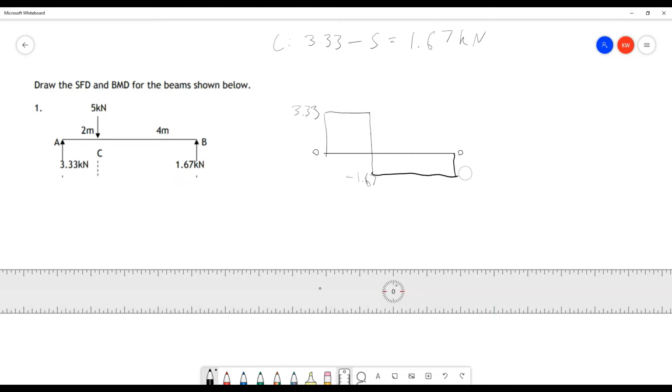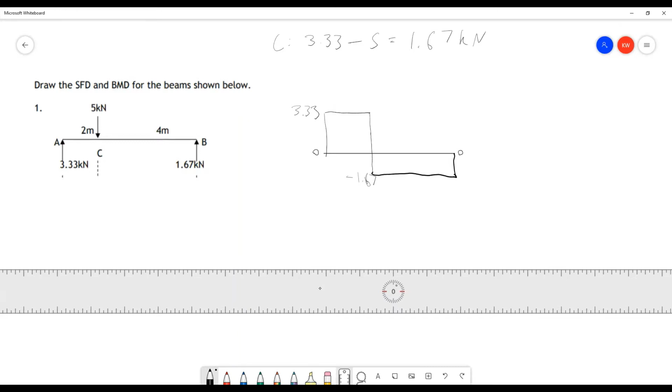That's what we would expect in a balanced beam: the supports at either end counterbalance the downward load, leaving us with a shear force of 0 at the supports. So that's how we do a shear force diagram for a beam with individual loads.